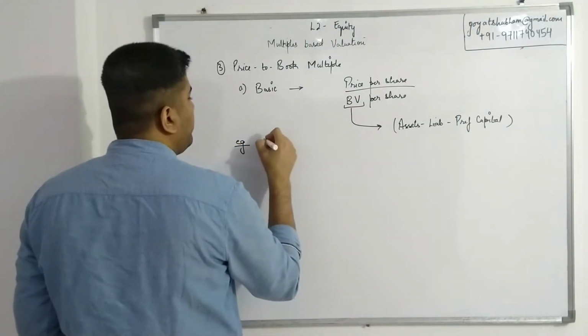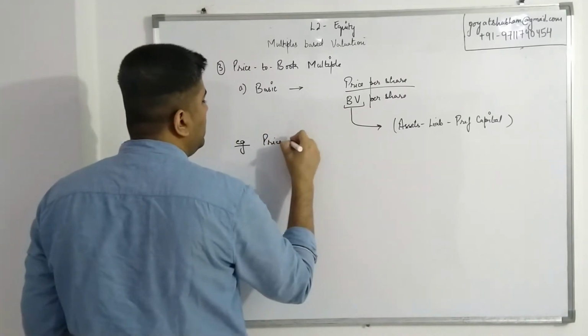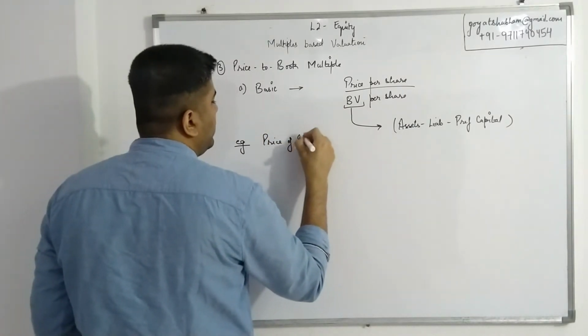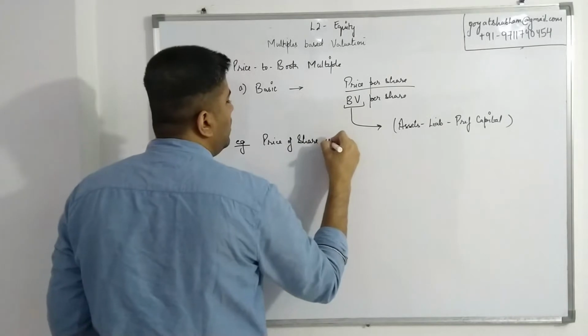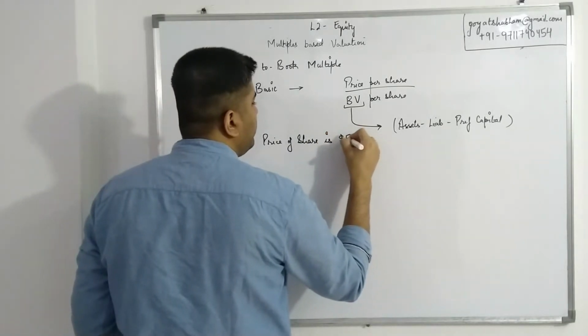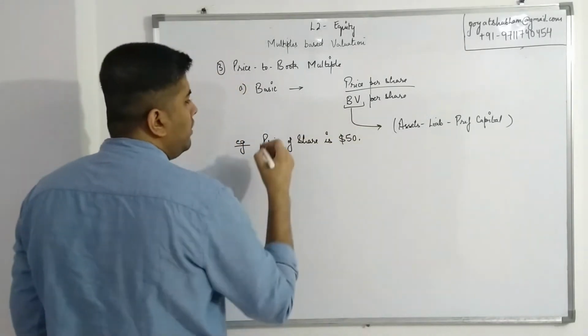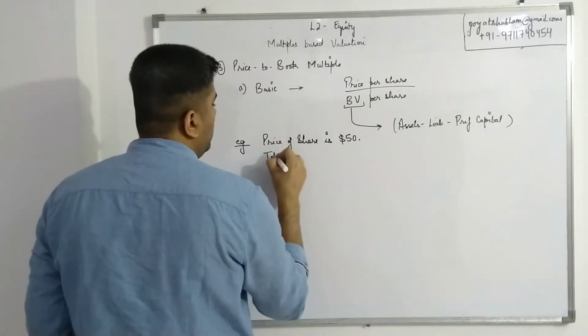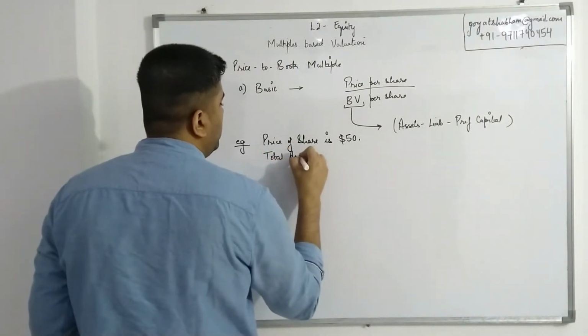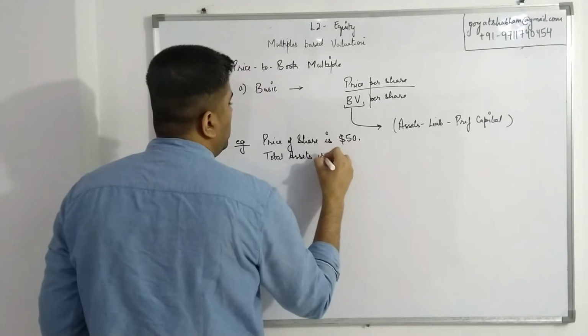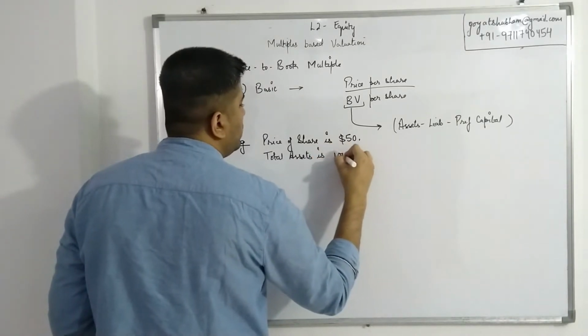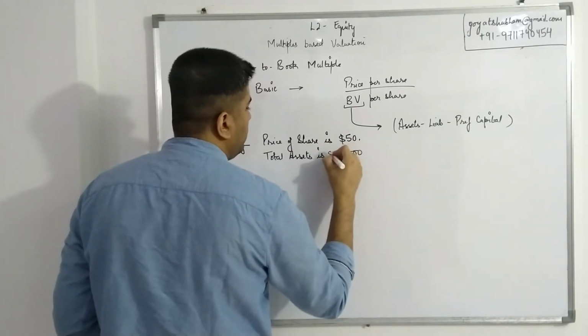So let's say the price of share is $50. Total assets is $100,000.